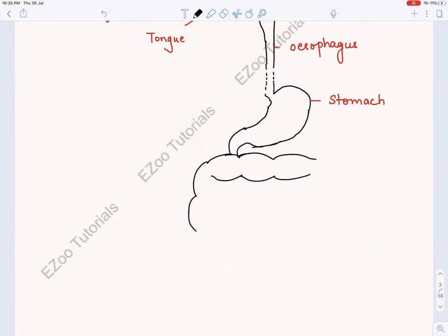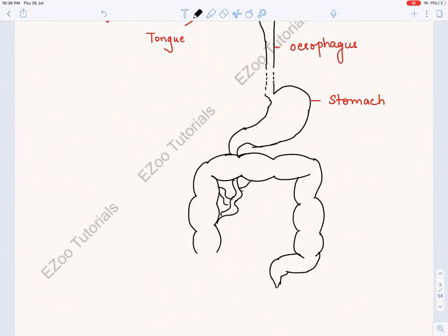What am I drawing? I hope you know this much, because you are zoology students going to appear next year in NEET. We have been studying this from our small classes. So this is the large intestine and this is the small intestine, highly coiled.